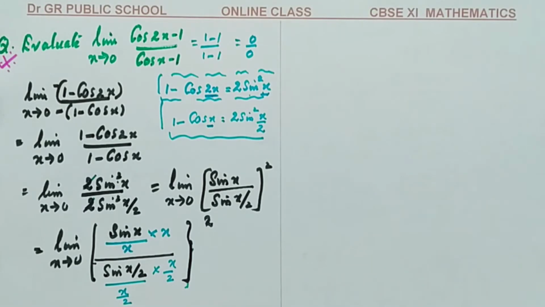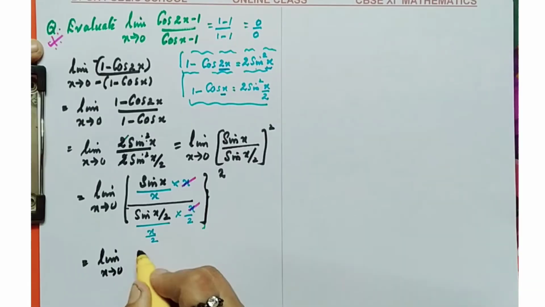Again we can arrange. Before arranging, you know that a cancellation there, x can be cancelled with x. Now the remaining I am going to arrange as limit x tends to 0, sin x by x comes in the numerator, by sin x by 2 by x by 2.